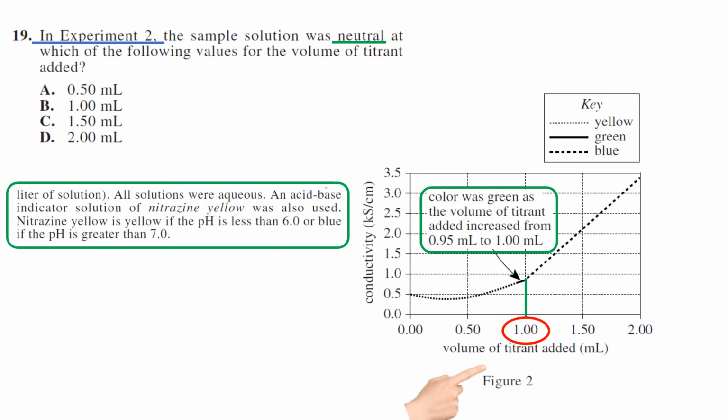So that means at 1, it's where it's green, right? Yellow and blue make green. It's where it's mixed. So the answer would be 1, because if it's yellow or blue, it's not neutral. That's the most common knowledge question on the ACT. This one isn't really knowledge, it tells you what it is, but that is the most common knowledge question on the ACT when it's something basic and acidic. So B.